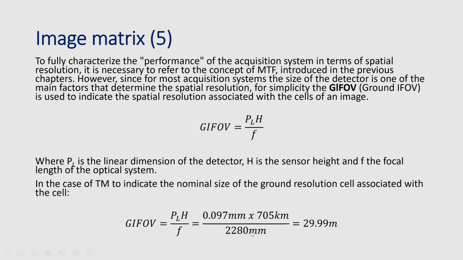So on board the satellites, they have a telescope that is more than 2 meters long. And that ratio is giving as a result more or less 30 meters. That is the resolution on the ground of these images. That means that the GFOV of TM is around 30 meters.